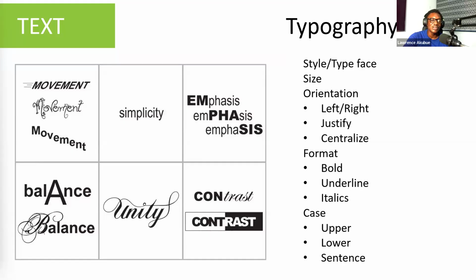If I'm doing something for children, I might have to use cartoonish fonts rather than very, very serious fonts. So fonts can equally be used to represent kind of movement. It can be used to emphasize stuff, and can be used for simplicity, balance, and all that.